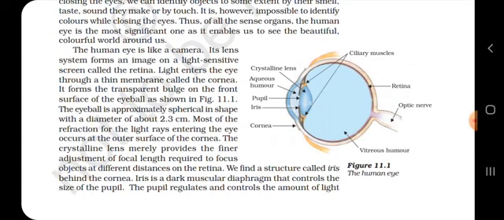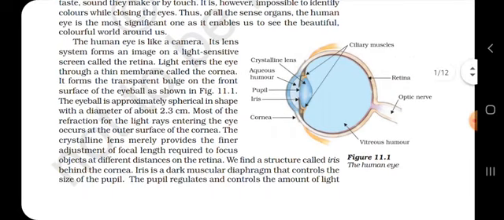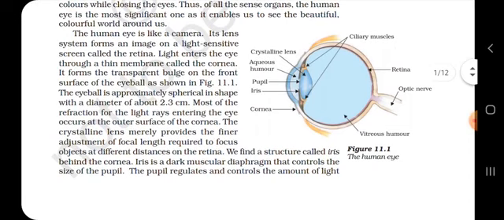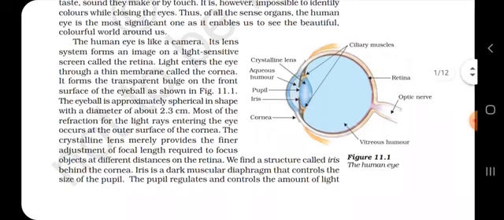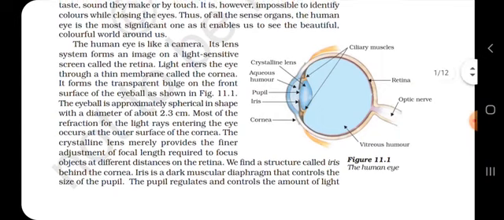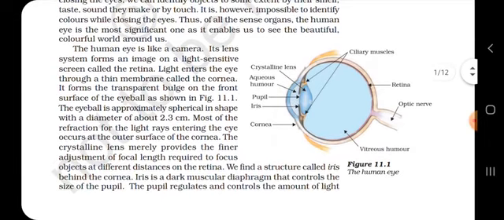The crystalline lens merely provides the finer adjustment of the focal length required to focus objects at different distances on the retina. So the crystalline lens is responsible for the divergence and the convergence in the human eye. Whenever there is more light entering our eyes, or we need to see far objects clearly, the crystalline lens gets adjusted.